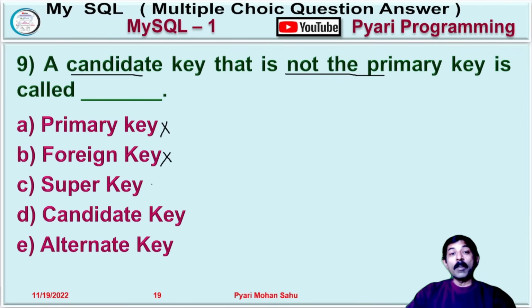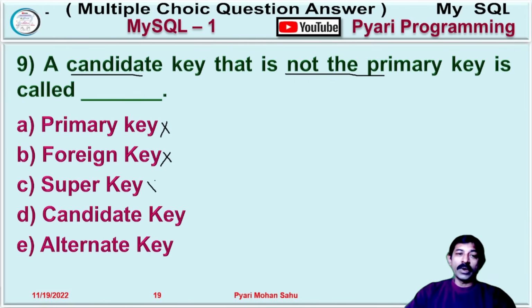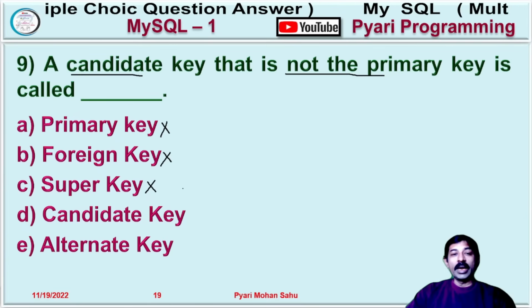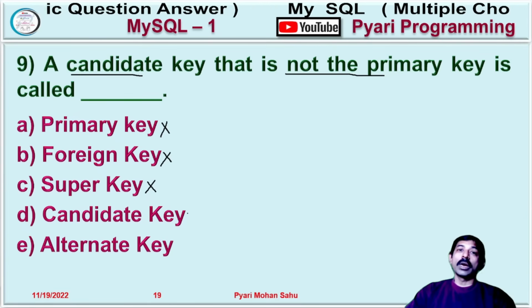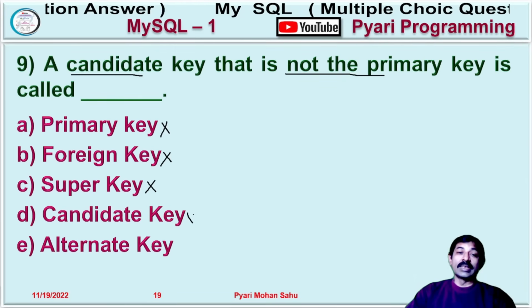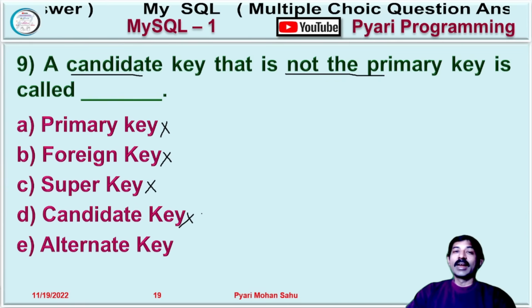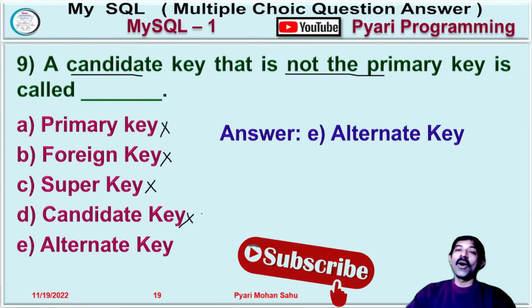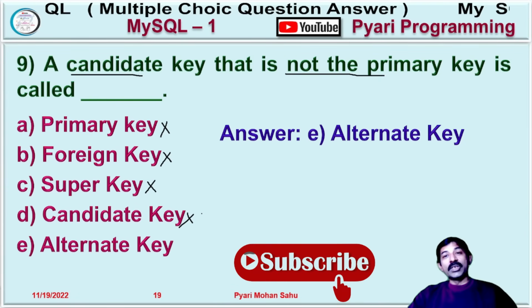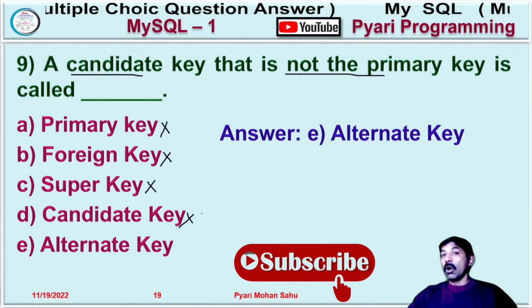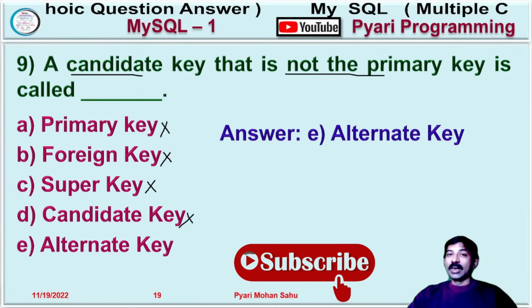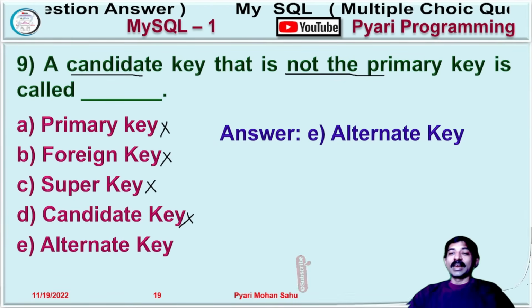It is not talking about set of attributes, so that's why it cannot be your super key. It is not talking about the combination of possible keys, so that's why it cannot be candidate key. So obviously it is an alternate key. The key which is a candidate key but not selected as a primary key is called your alternate key.